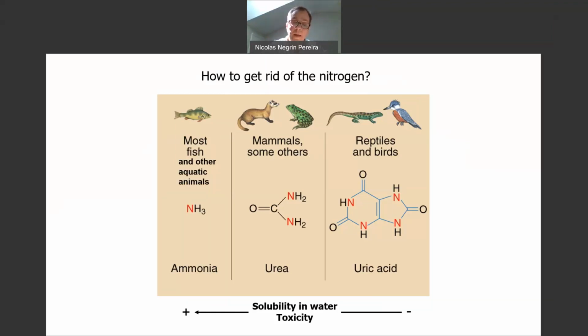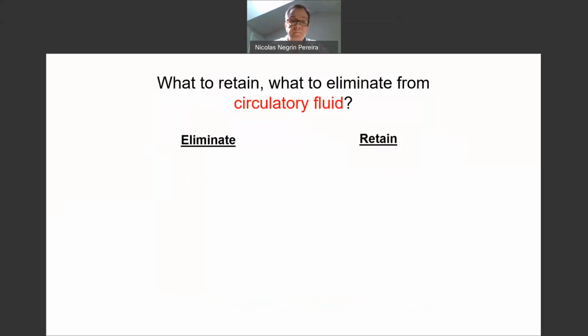So that's also a very smart way for these organisms to get rid of the excess nitrogen during the embryonic stage, not representing a problem. That's how these animals solve the excretion of nitrogen inside the egg.